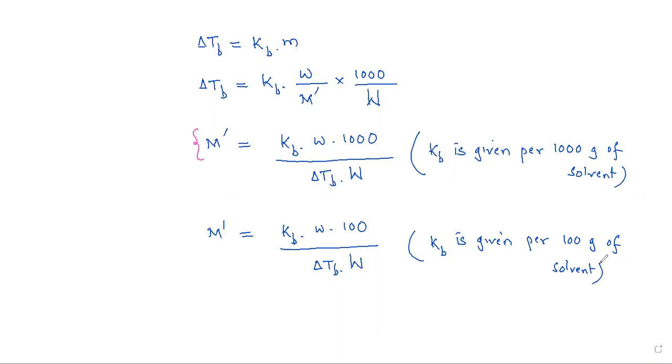So these are the important relations. This is how we can also prove that delta TB, I mean, the elevation in boiling point is inversely proportional to the molecular weight of solute.